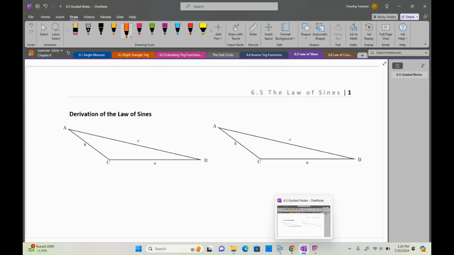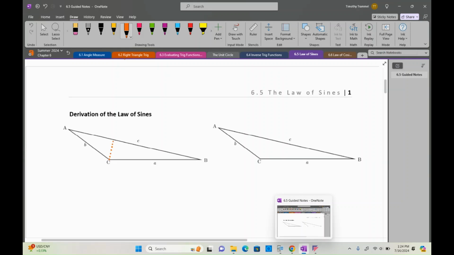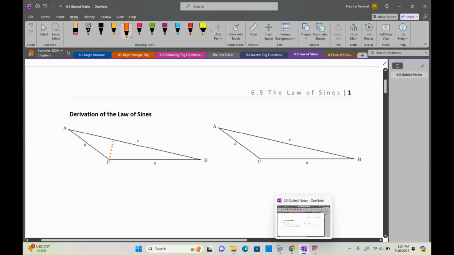And so what I'm going to try to do here is make a 90-degree angle going from C to the side that goes from A to B. So the hope is that this right here looks like a 90-degree angle. There we go.